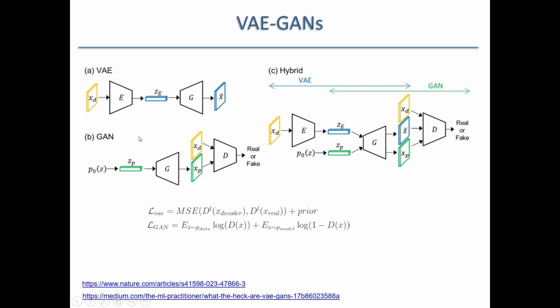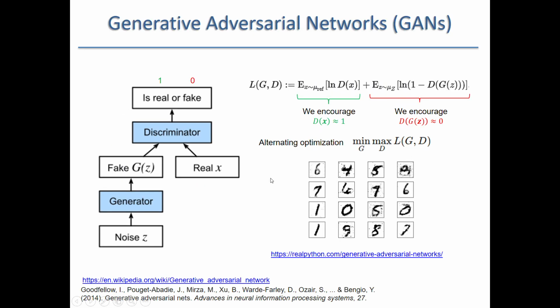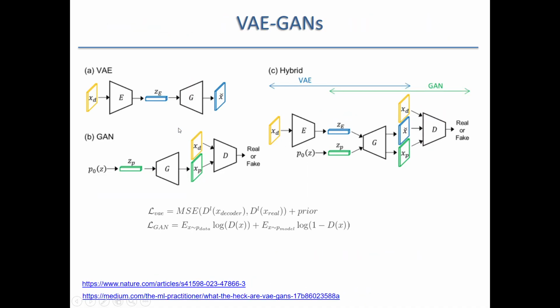We have seen the GAN, the generative adversarial network. It is called adversarial because the generator and the discriminator are trying to fulfill opposite goals. So this is just the GAN that we have seen.